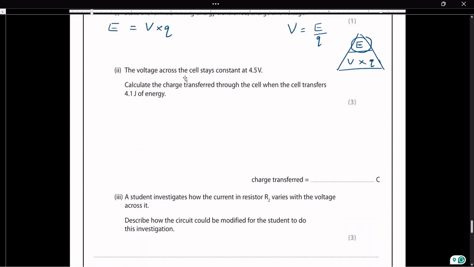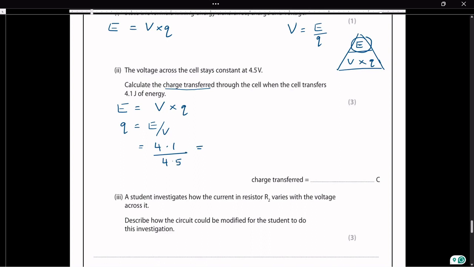The next part is, the voltage across a cell stays constant at 4.5. Calculate the charge transferred through the cell when the cell transfers 4.1 joule of energy. We have the equation, energy is the product of voltage and Q. Making Q the subject, Q is E over V. Energy is 4.1 and voltage is 4.5.